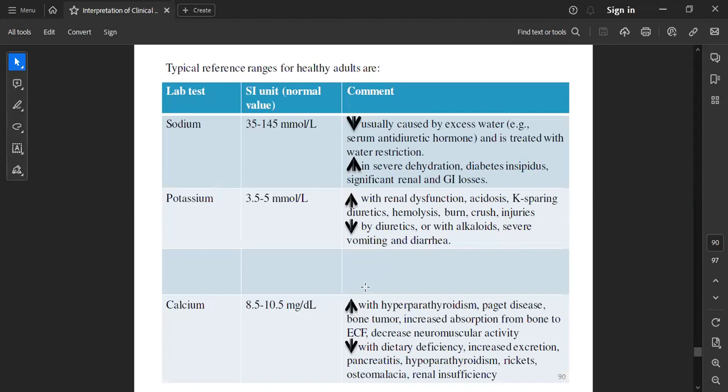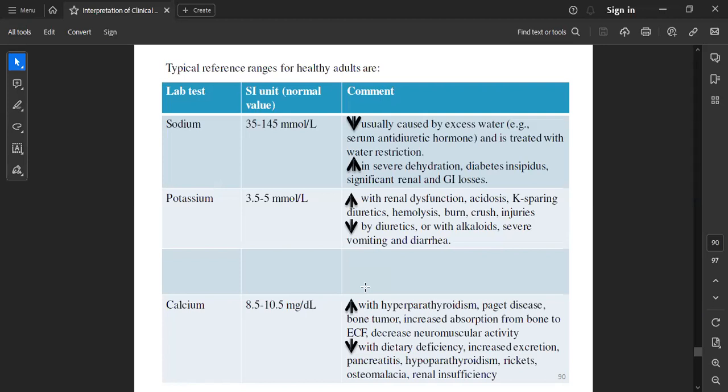So these are the lab tests and their results, the normal values. Reduction of sodium levels, hyponatremia, is caused by excess water, e.g. serum antidiuretic hormone. For this one, you restrict water so that the sodium level is increased.